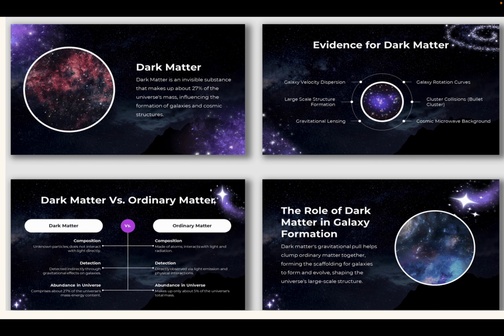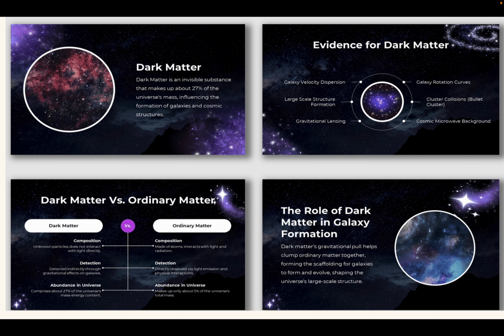There are different pieces of evidence for dark matter, such as the galaxy rotation curve, galaxy cluster collisions, cosmic microwave background, gravitational lensing, large scale structure formation, and galaxy velocity dispersion within clusters. Today's lecture will not cover any of these topics, but they are given for your reference.